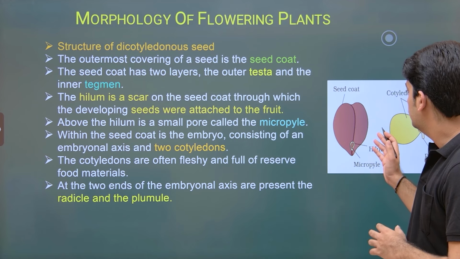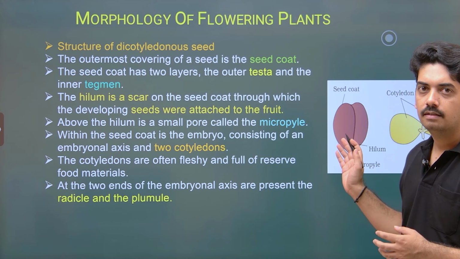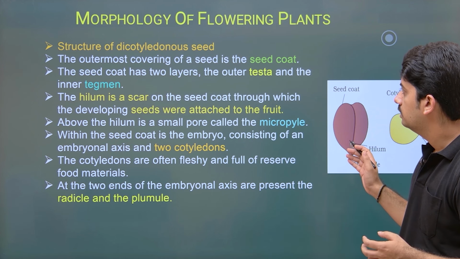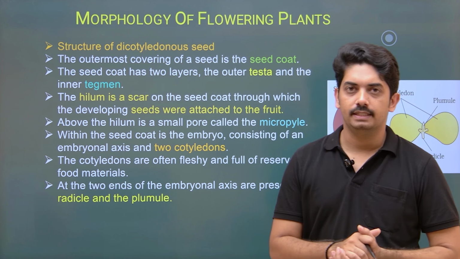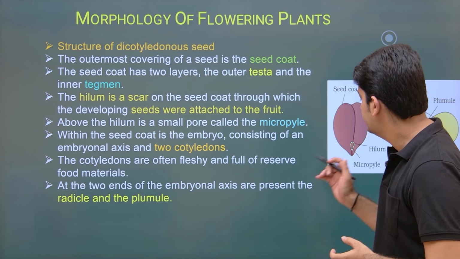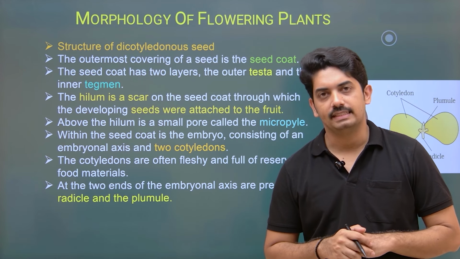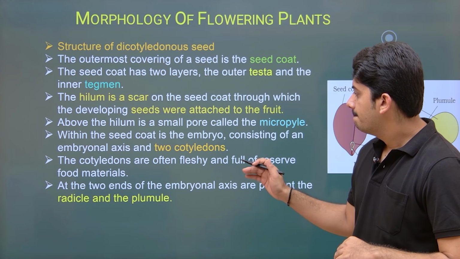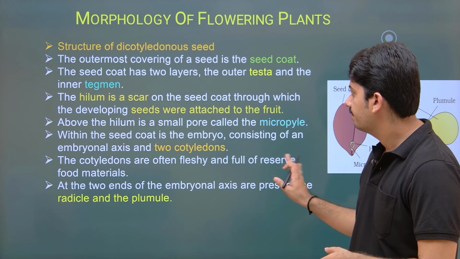See, this is the Kabul channa, or if you take the example of pea, it consists of two cotyledons. In dicotyledonous seeds, you can see two cotyledons. Externally, it is covered by testa and tegmen, and the micropylar region, plumule region, all those things I already explained.